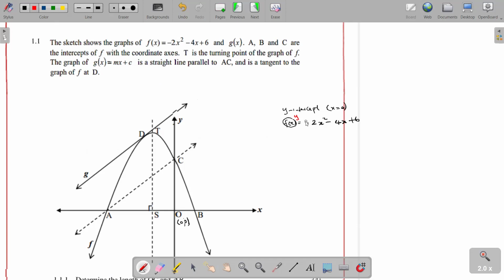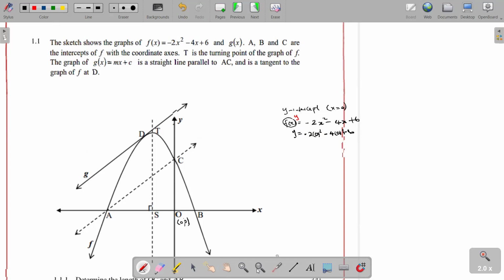So that's our y, so therefore y will be equal to, substitute 0: negative 2 times 0 squared minus 4 times 0 plus 6.